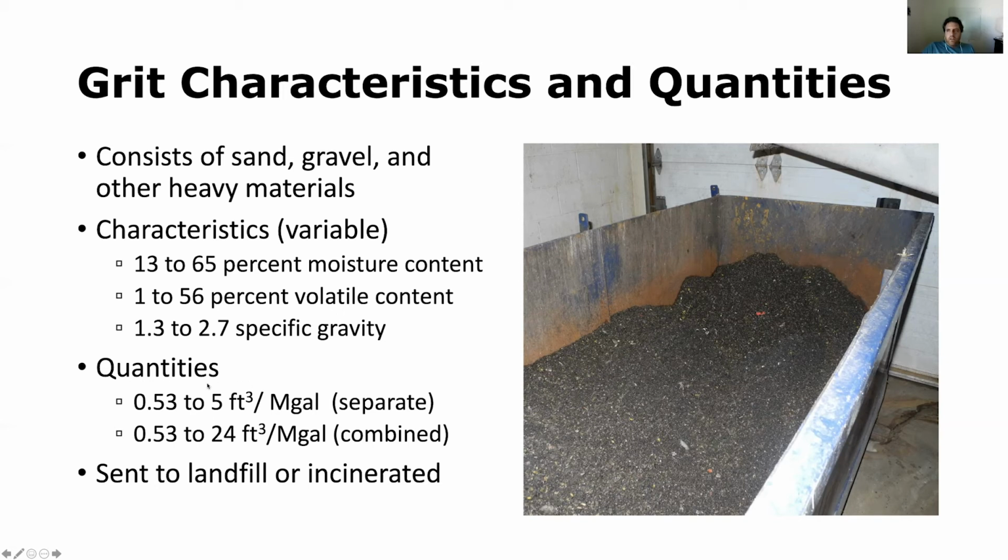The quantities are also variable from system to system, but we have from 0.5 up to 5 cubic feet per million gallon for separate systems, and up to 24 cubic feet per million gallon for combined sewer systems. The grit that's collected here is typically sent to the landfill or, as I mentioned before, incinerated on site.